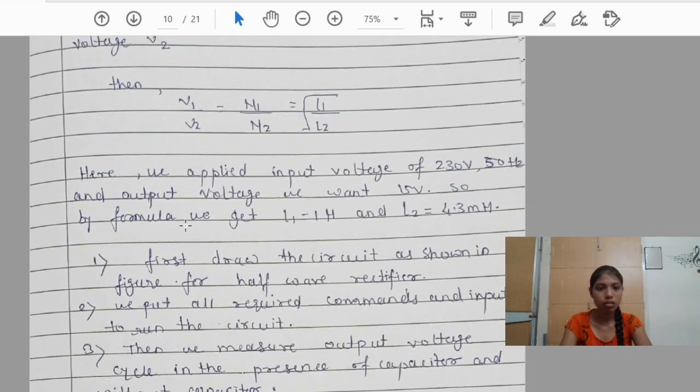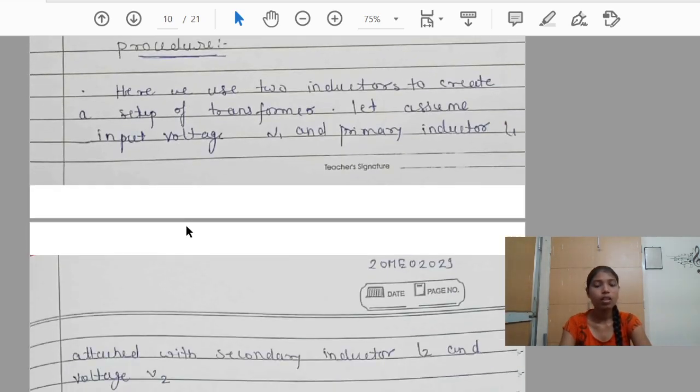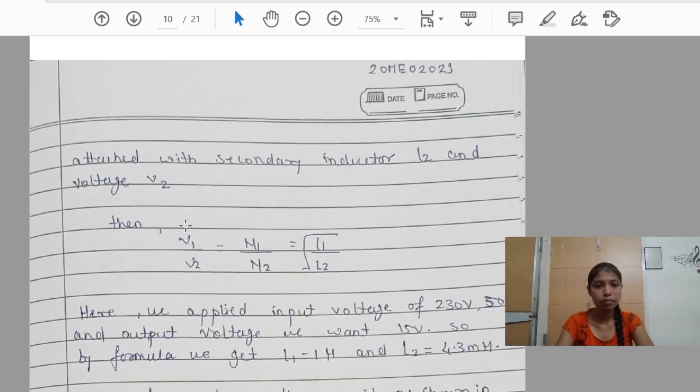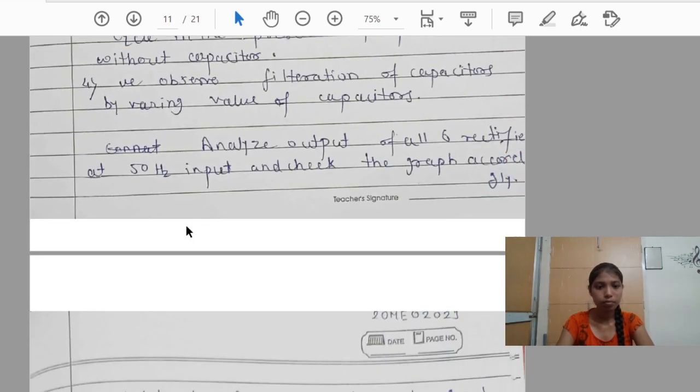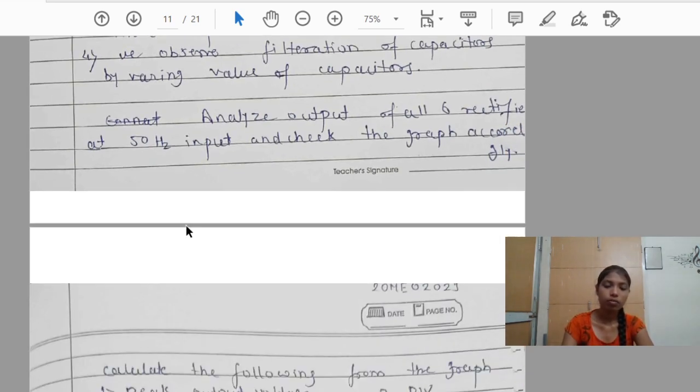This is the procedure. First, we have to analyze the output of all six rectifiers at 50 Hz input and check the graph.